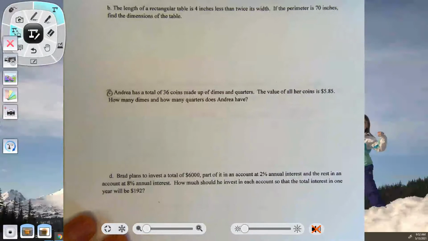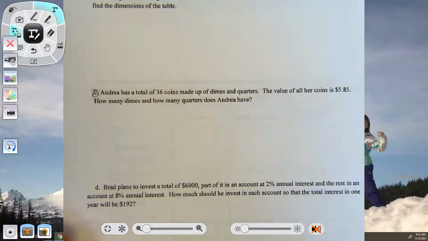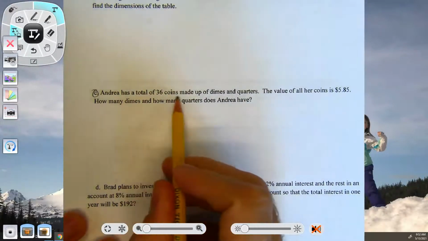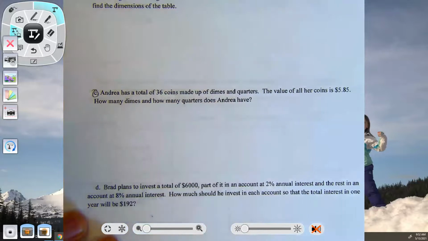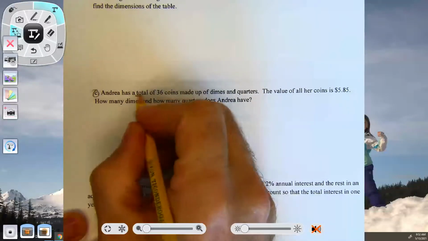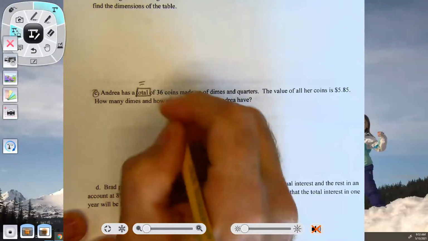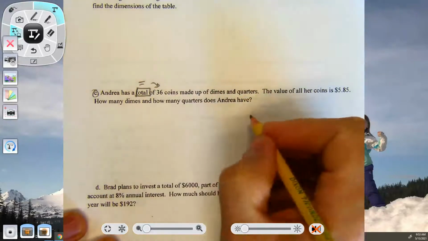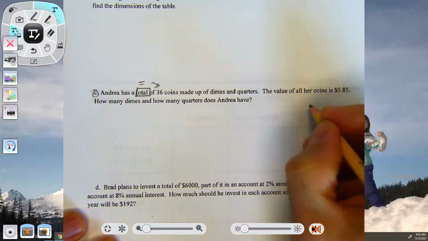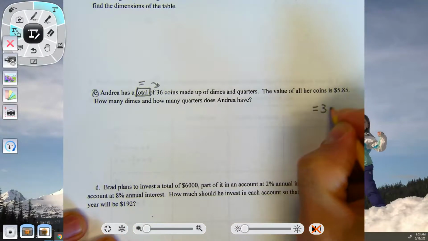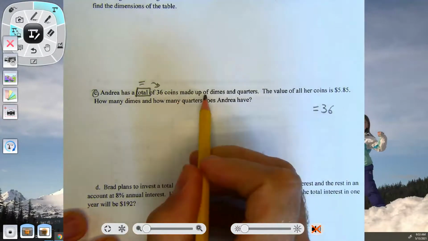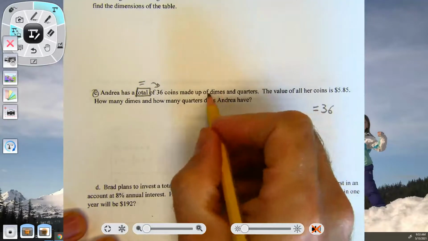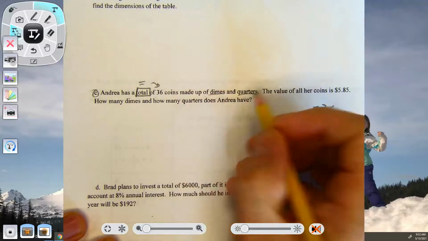All right, so Andrea has a total of 36 coins made up of dimes and quarters. Okay, so this is great. I love this first sentence because total, that means equal sign, right? Equals 36. So I can already write my first equation, or at least where it equals. It equals 36, right? And that's made up of dimes and quarters. So right now I'm not sure, but I think these are my two variables, right?